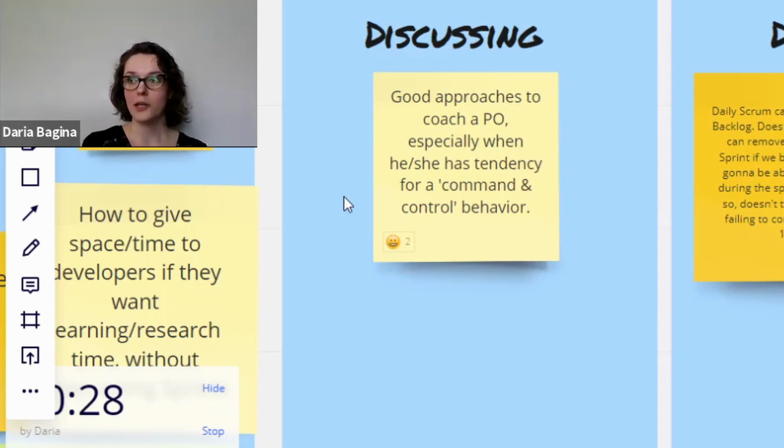And because they know how to do that work, you don't need to really check with them every single day. They'll figure it out. And I think slowly, by helping him understand what his role is really about, by giving him the tools to be successful with this role, such as product vision, product goals, etc., he was able to slowly start moving away from this command and control.